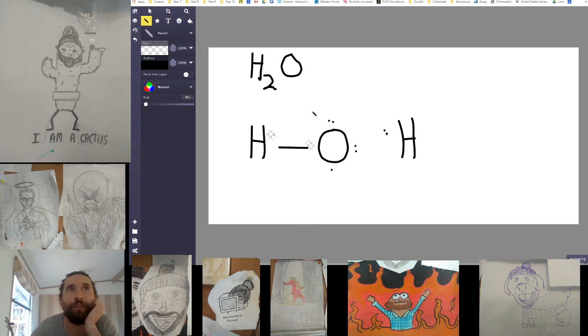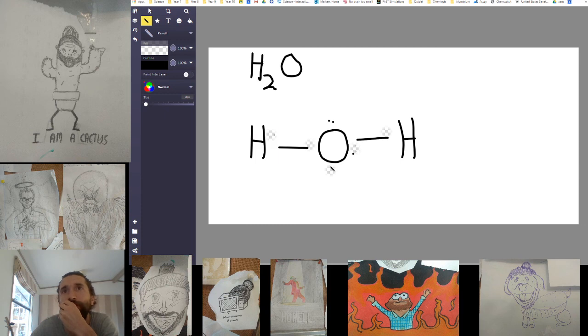And these 2 are going to form a bond as well. Just give me a moment to work this out. I do colour. Not really what I wanted to do, but whatever, works.